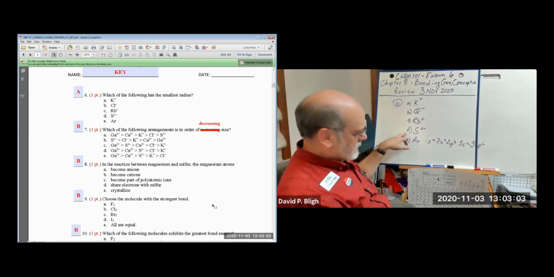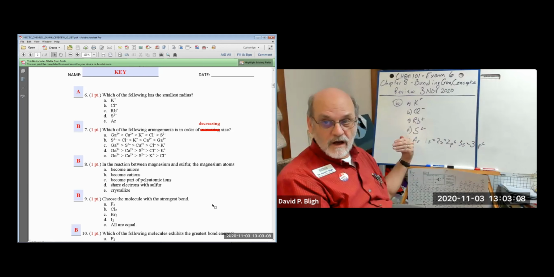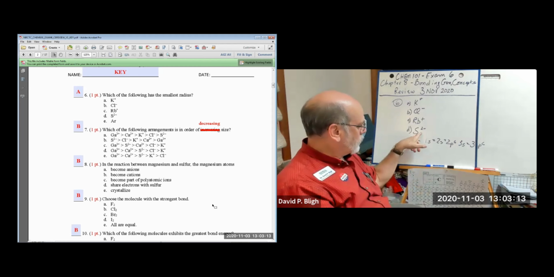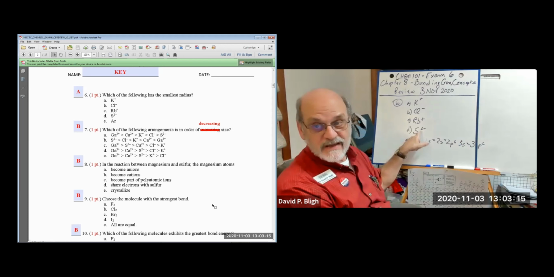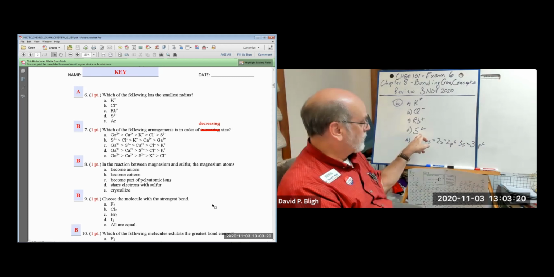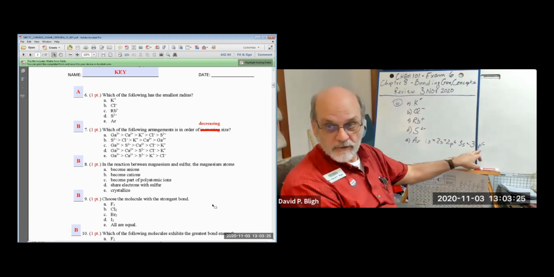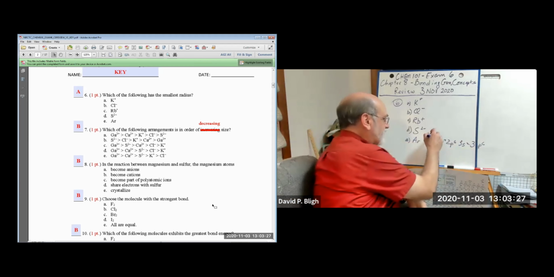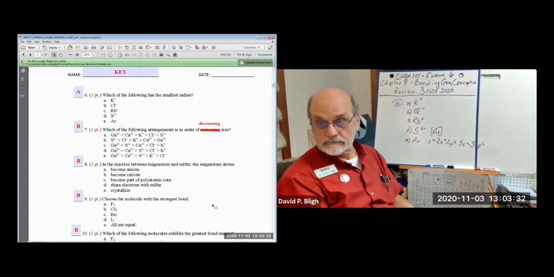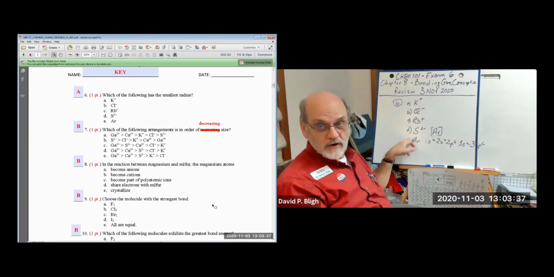Sulfur has 2 extra electrons to the left of argon. So sulfur would normally be 2 electrons short. But now, with those extra 2 electrons, they go into the 3p orbital and they make it look exactly like argon. Just like that. So the sulfide ion is isoelectronic with argon.